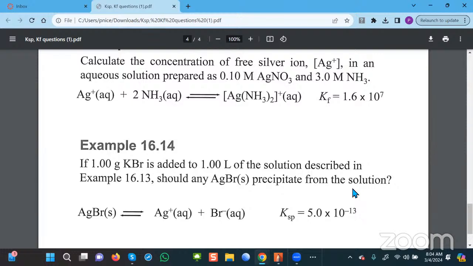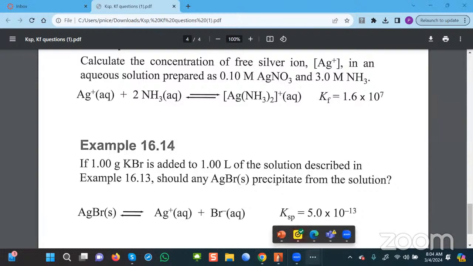So what must be necessary in order for a precipitate to form from a solution where you have the possibility of two ions coming together to form a precipitate? There's one mathematical relationship that must be obeyed in order for precipitation to occur.